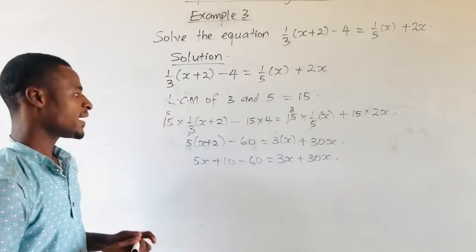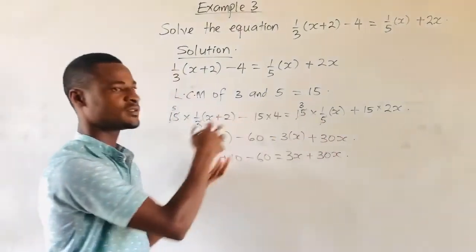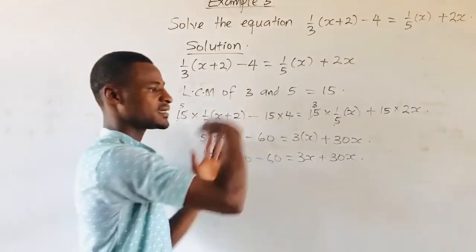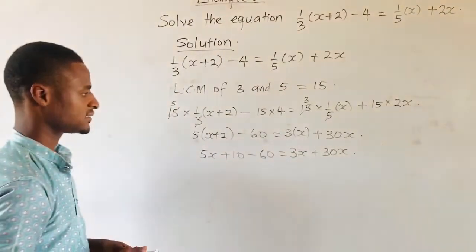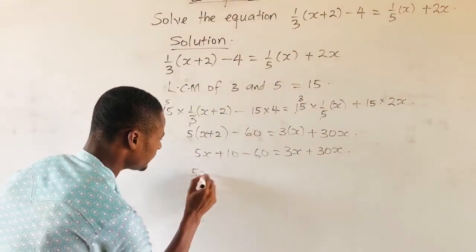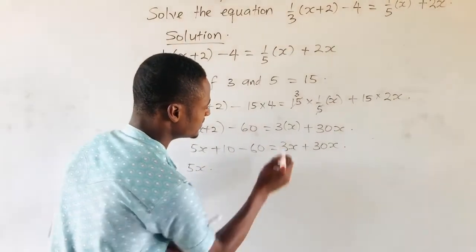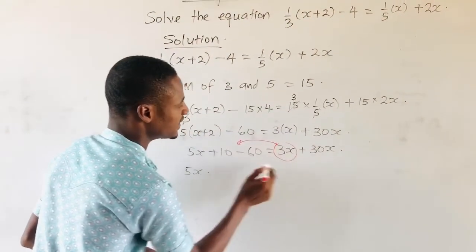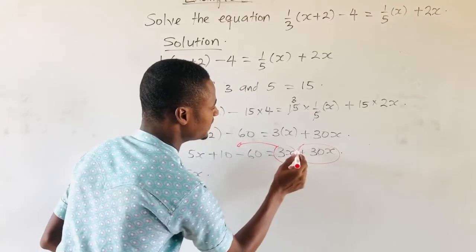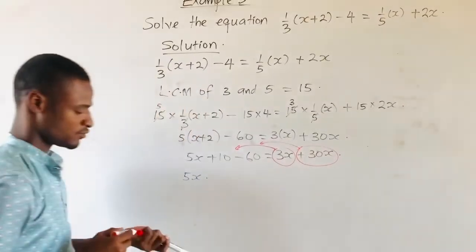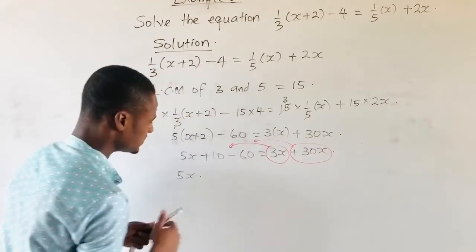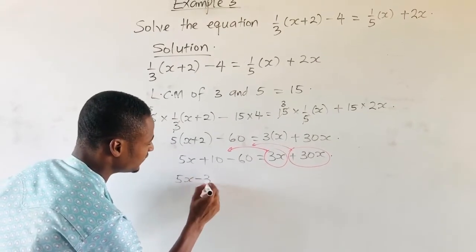Now let's group like terms by bringing all the variable terms to the left hand side and sending the number terms to the right hand side. So we have 5x. The variable term 3x will cross the equal sign, and the variable term 30x will also cross the equal sign. Now when this crosses the equal sign, it becomes negative 3x.